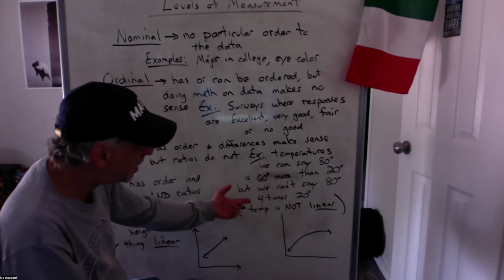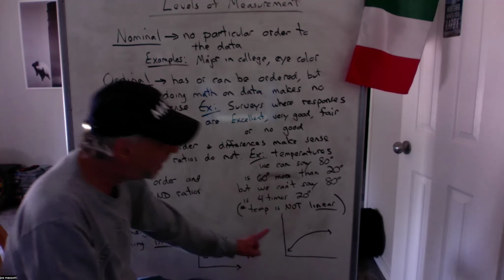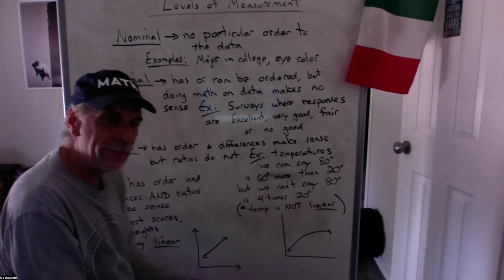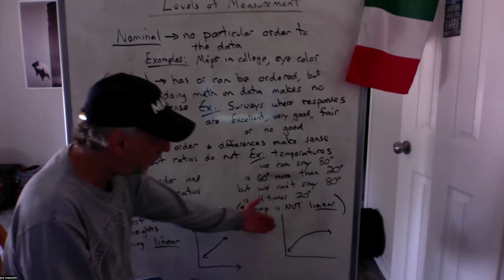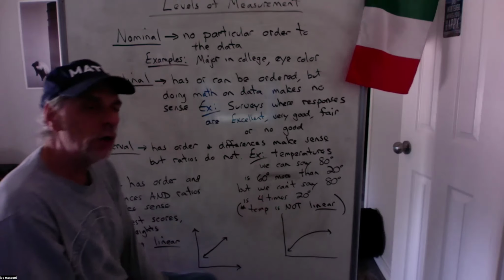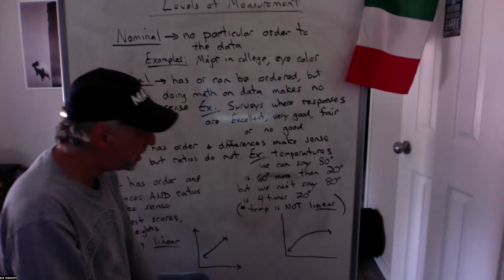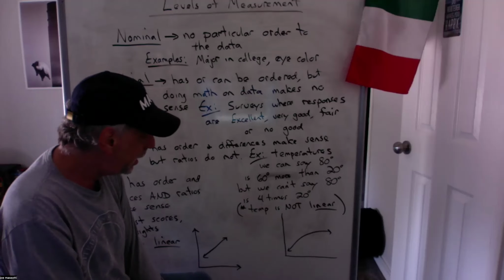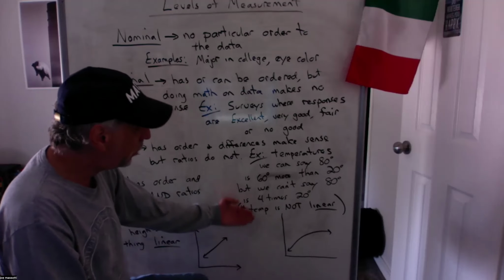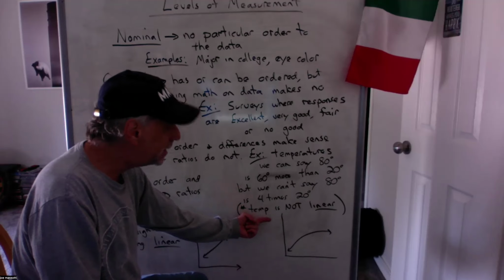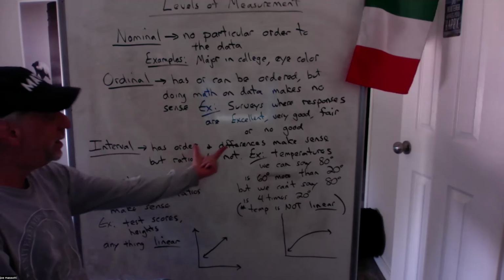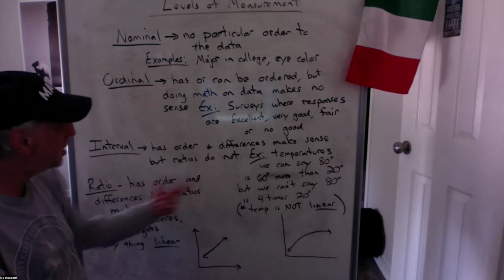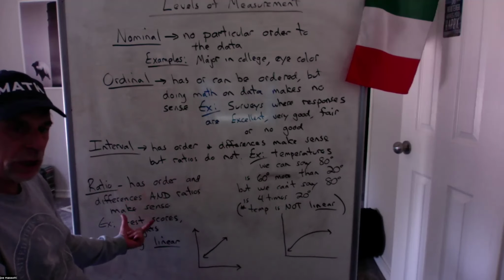But we can't say that it's 4 times 20 because it's not a linear scale. Temperature does not rise at a constant level. And that's something, if you're not familiar with logarithmic scales or exponential scales, it's a little beyond this class, you don't need to know it. But realize if the scale is not linear, it's not a straight line, you can say it has order and differences make sense, but it doesn't quite reach this top level of ratio.